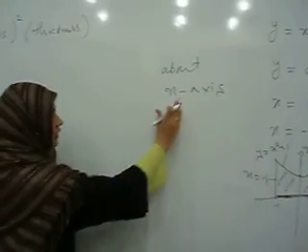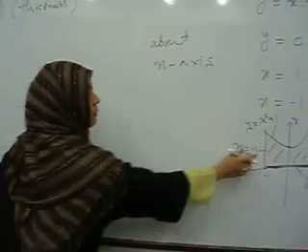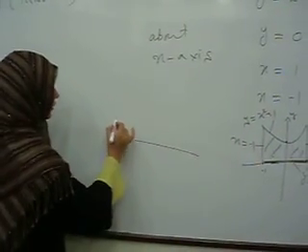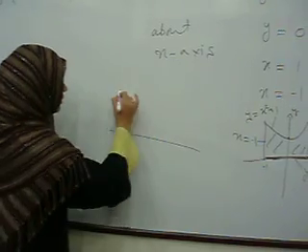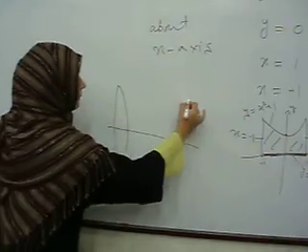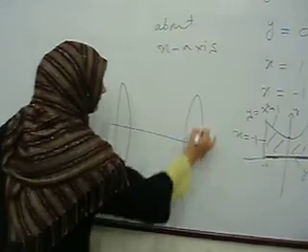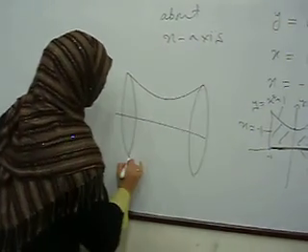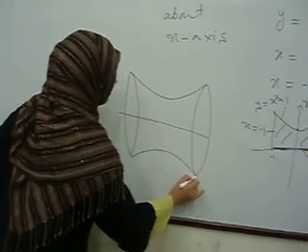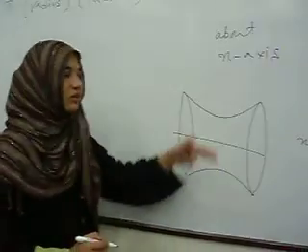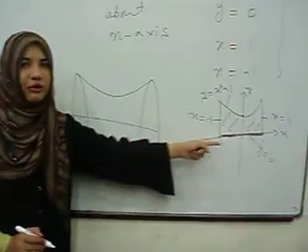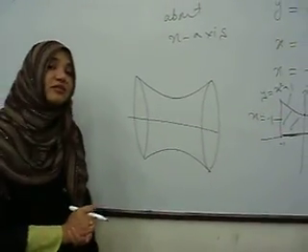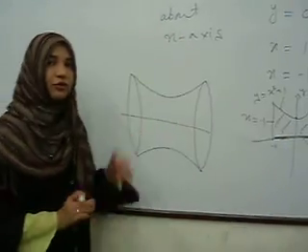Currently I'm revolving it about the x-axis, and the resulting solid of revolution will result out like this. This is known as solid of revolution. Now the target is to get the volume of this solid of revolution.